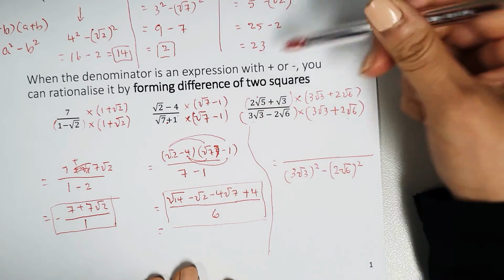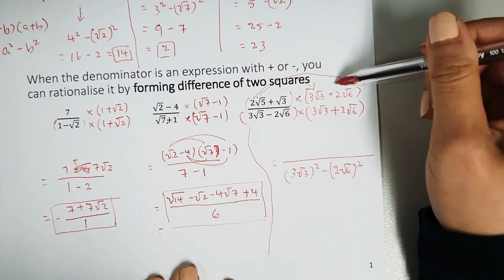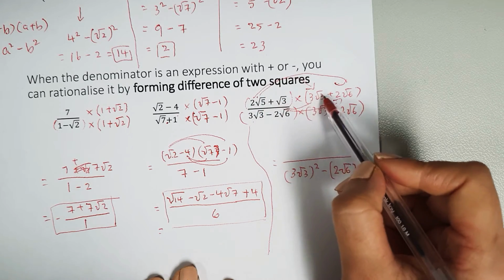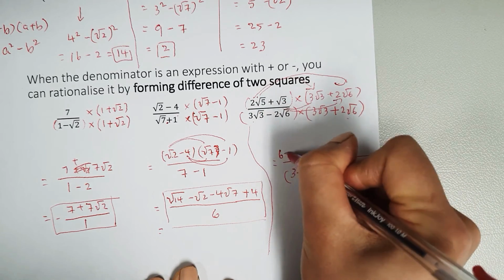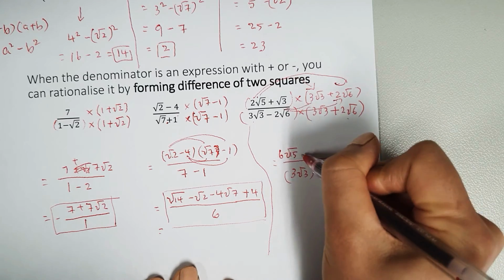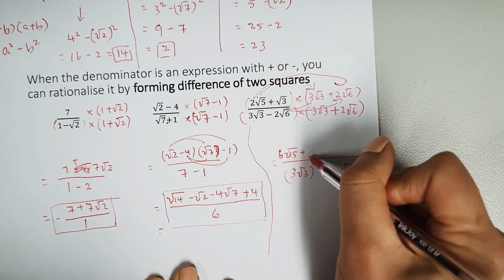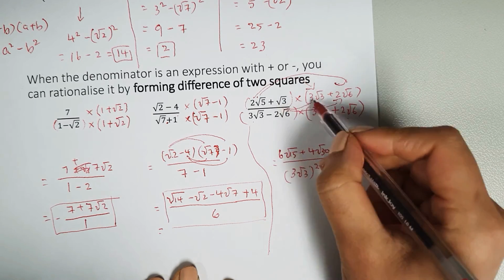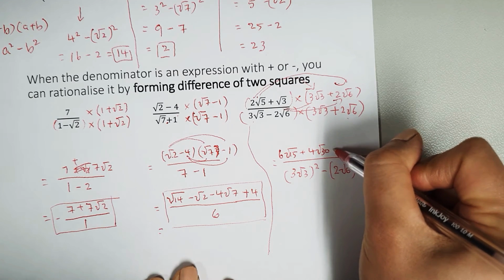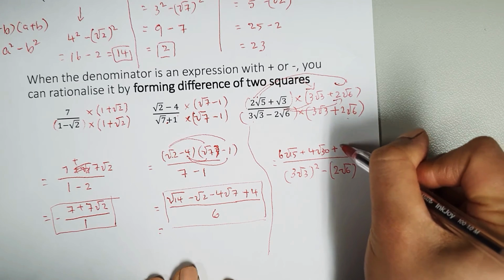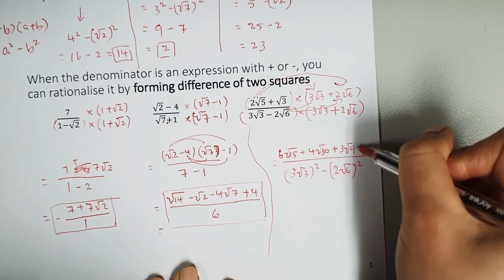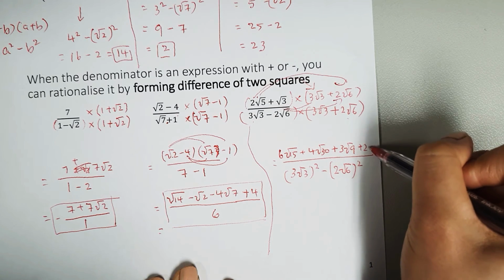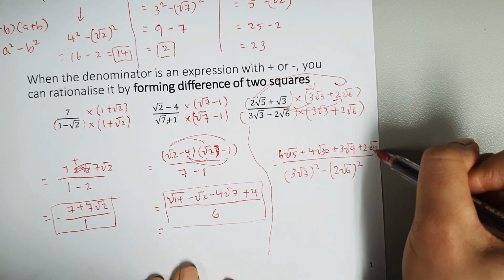So 2 root 5 times 3 root 3 is going to give us 6 root 15, plus, in this case, 4 root 30, and then root 3 times 3 root 3 is going to be positive 3 root 9, which is going to end up being a 3 later, and then root 3 times 2 root 6 is going to be positive 2 root 18.